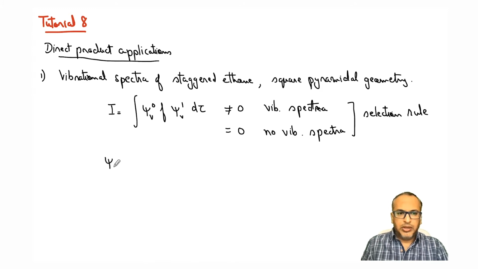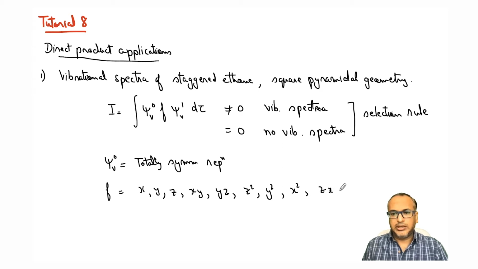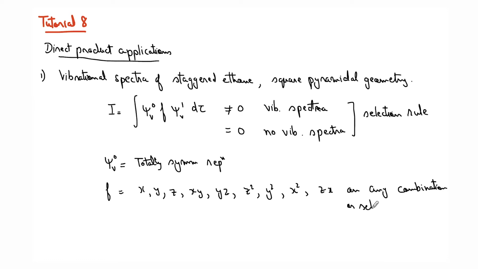Now let's say the question is: given that psi v0 belongs to the totally symmetric representation, and f belongs to x, y, z, xy, yz, z square, y square, x square, zx, or any combination or sets thereof.